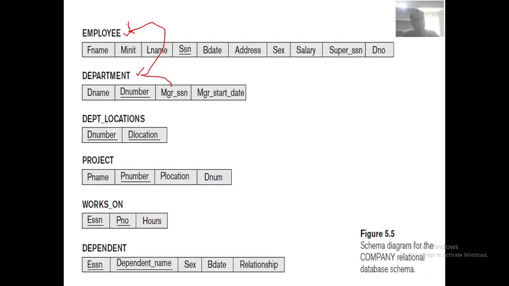Now, Kiran, you tell me department location. Department number, sir. Department location. Department number is a foreign key, sir. Then which is the key attribute here?